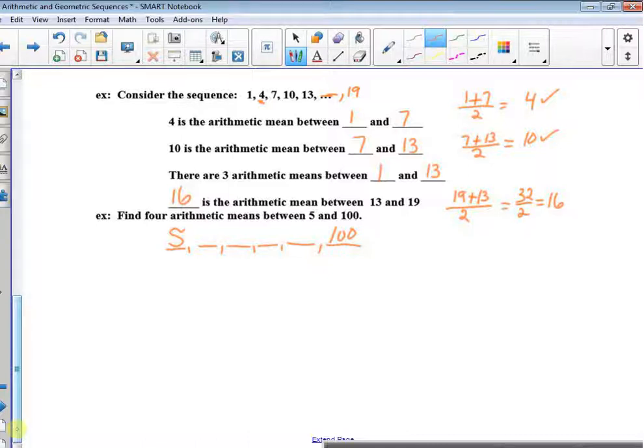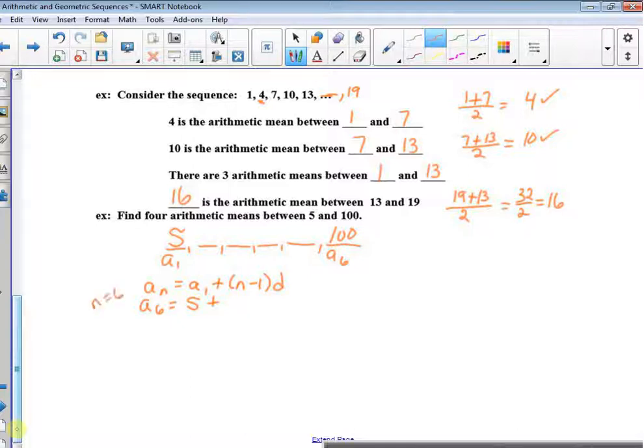So I could make this a sub 1, 2, 3, 4, 5, and a sub 6, and I could use my formula. I could say a sub n equals a sub 1 plus n minus 1 times d to find d. And so I could say a sub 6, because I have that, is equal to 5 plus, remember, n is 6, right here.